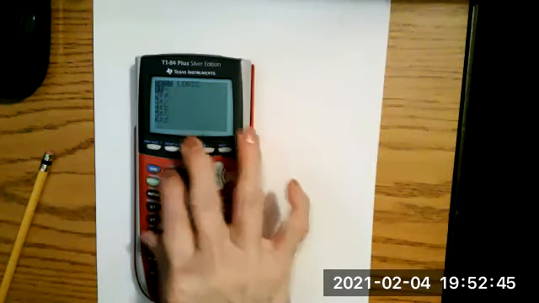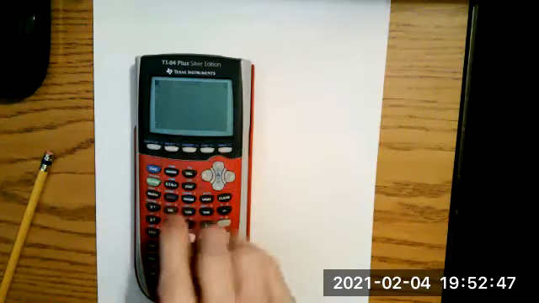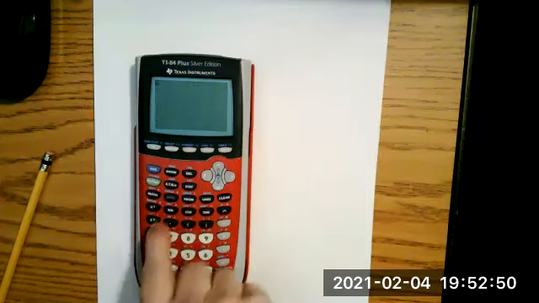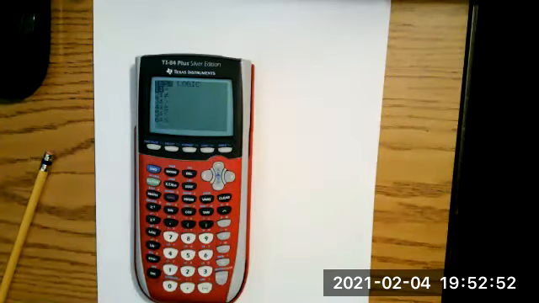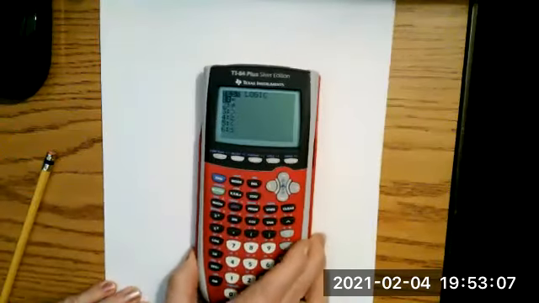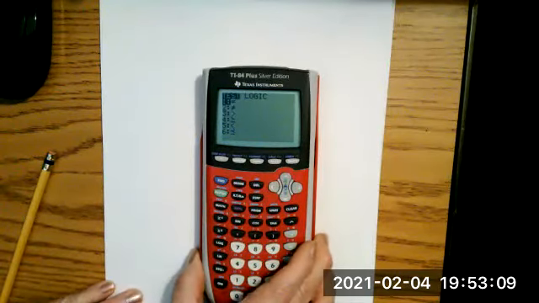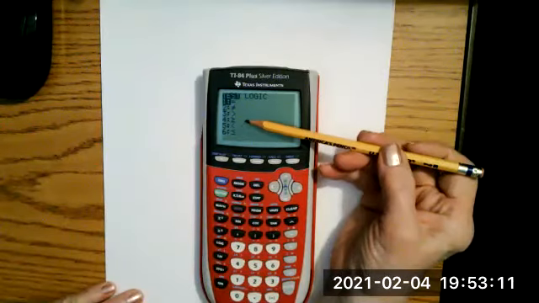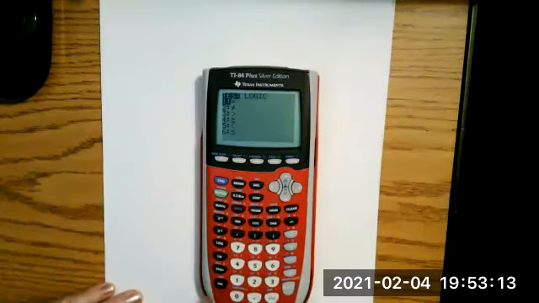See if you can do it again. Second and math, and that'll get your inequalities. But it's still not showing me the greater than or equal to. Let's try this again.